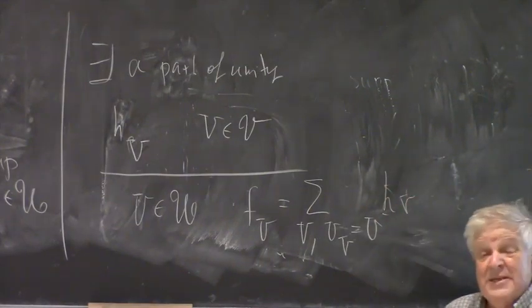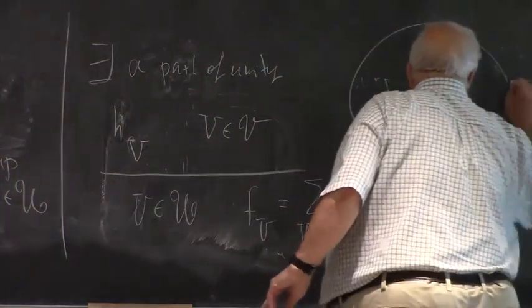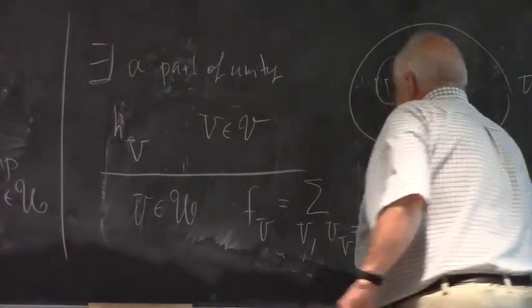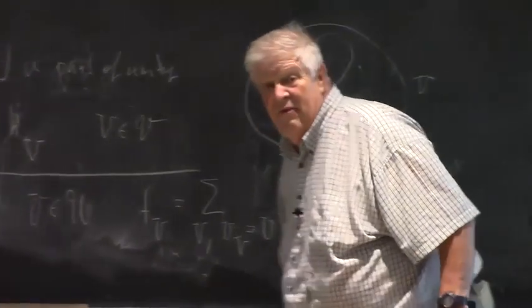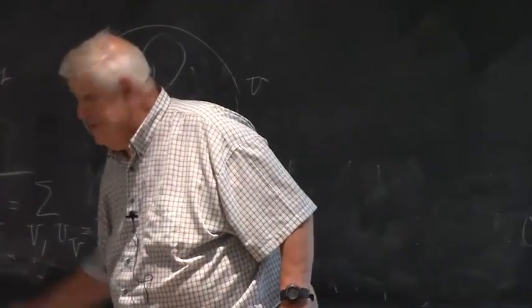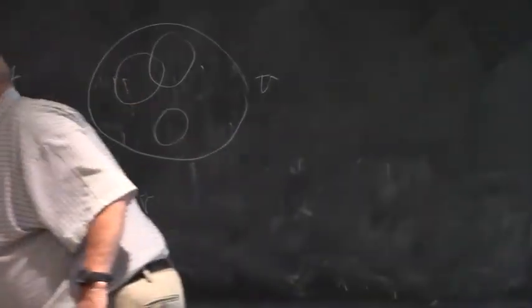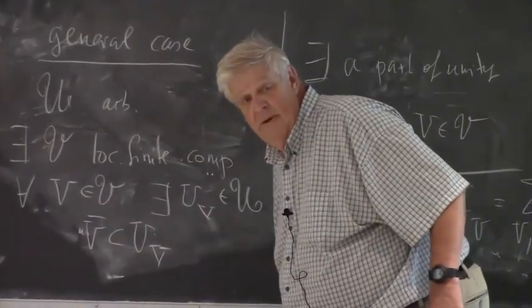So you understand what happens. I have my set U, and there are sets V in my cover V, so that this U sub V is U.